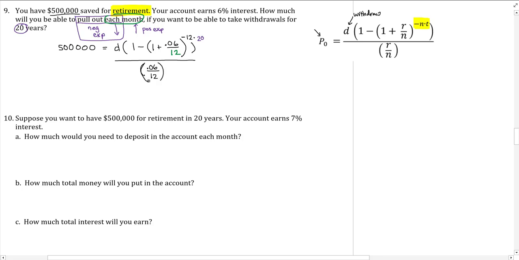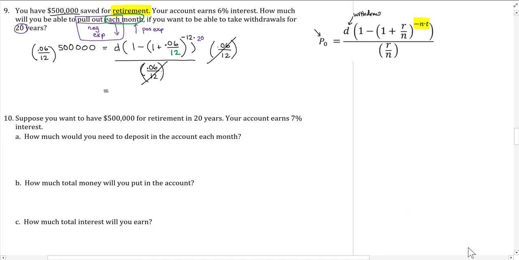Now, when you watch the videos on these problems, sometimes we'll do everything on that right-hand side and then divide 500,000 by that answer. Or some instructors like to multiply both sides by this fraction in order to get rid of that complex fraction. So you can do it either way, just do whichever way you feel comfortable.